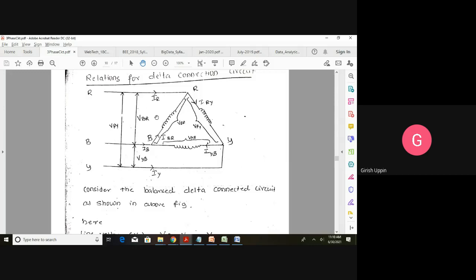These are the line currents IR, IB, and IY. And what are the line voltages? VRY between this and this, VBR between this and this, and VYB between this. VL is equal to VRY is equal to VBR is equal to VYB, and IL is equal to IR is equal to IY is equal to IB.